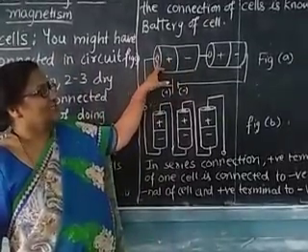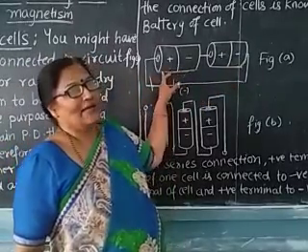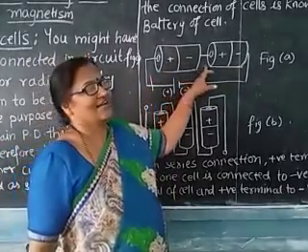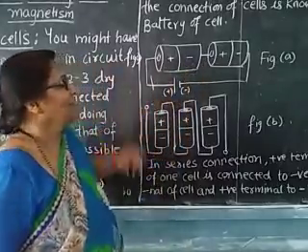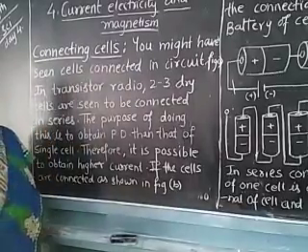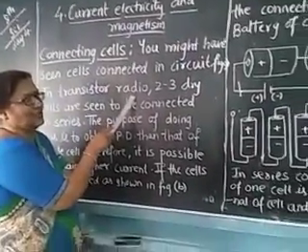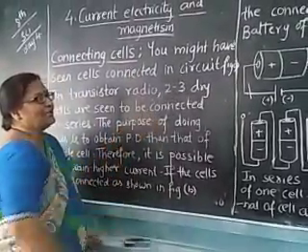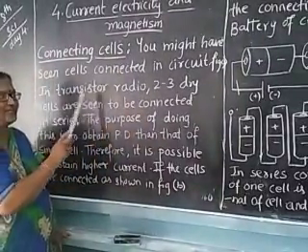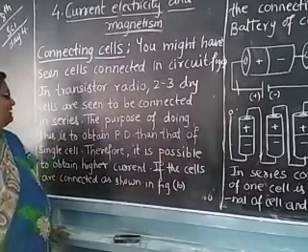Here the positive terminal is connected to the negative terminal. You might have seen cells connected in this way, and that is figure A. Now in a transistor radio, there are 2 to 3 dry cells seen to be connected.